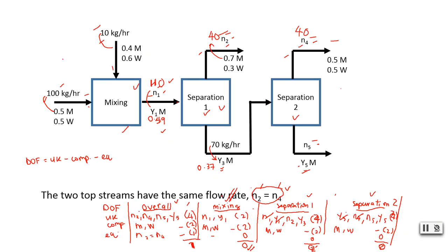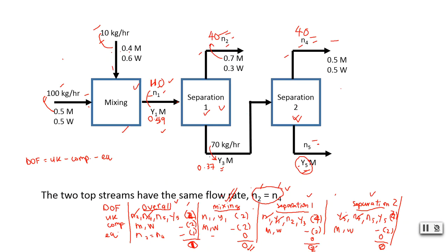We can see we have N2 already, and N4, and don't have N5 and y5. Okay, this is also 2. So the next step, we can either choose to do the general overall mass balance, or we can focus on separation 2, because at the end the aim is to know what y5 is.